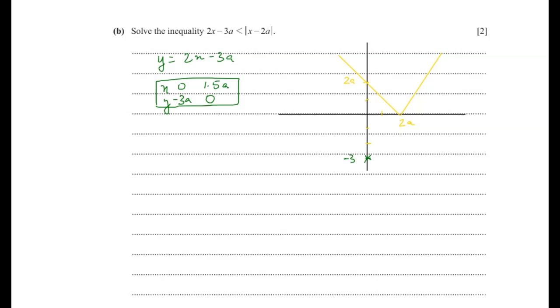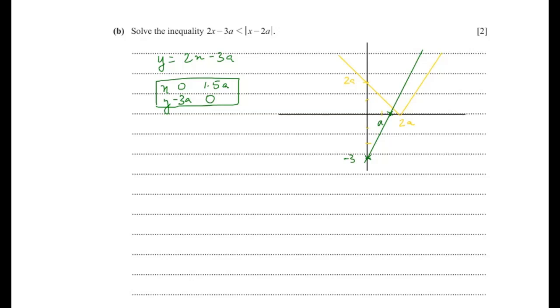Okay, so this is 2a, this is a, 1.5 times a is right there in between. So when y is 0, this is the point I want to mark. I'm going to join them. Okay, so these are the two graphs. The V-shaped yellow graph is of modulus x minus 2a, and the green graph is of 2x minus 3a.